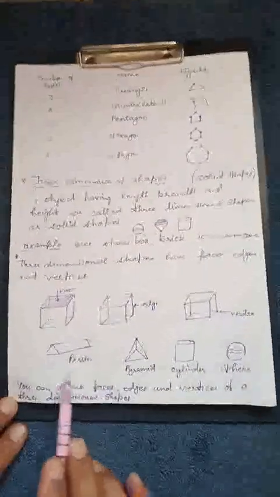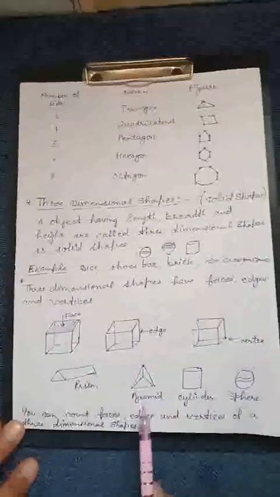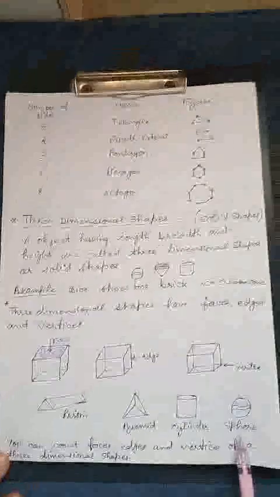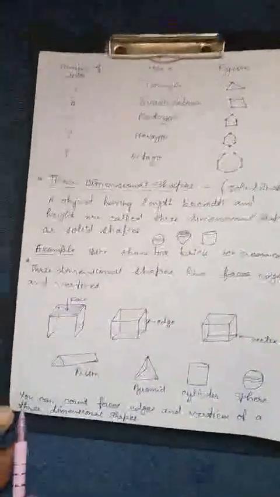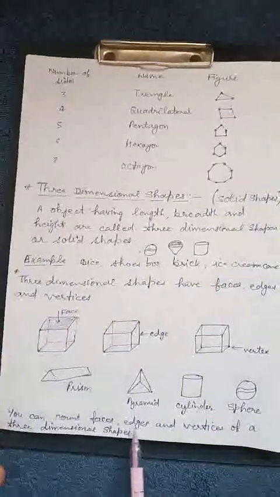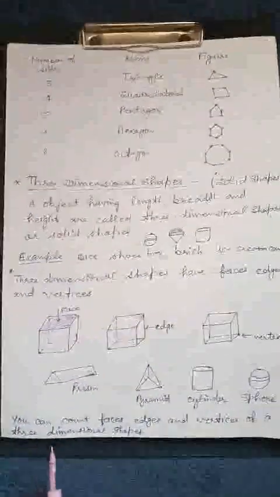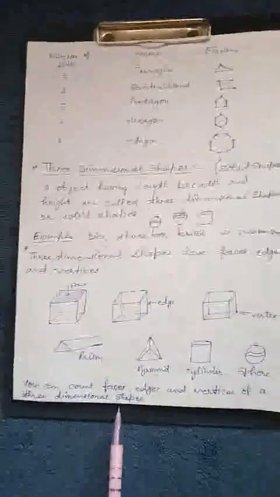Now here are some 3-dimensional shapes. This is prism, pyramid, cylinder and sphere. Students, you can count the number of faces, edges and vertices of 3-dimensional shapes.